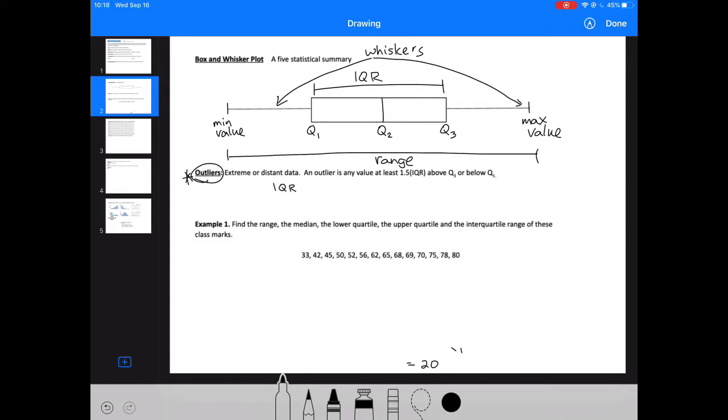So for example, if our interquartile range equals 10, to check for the minimum value for an outlier, we would do Q1, let's say 2, minus 1.5 times 10.